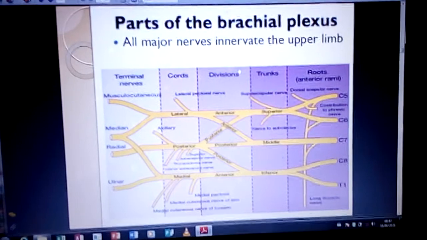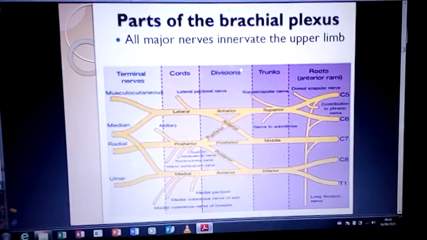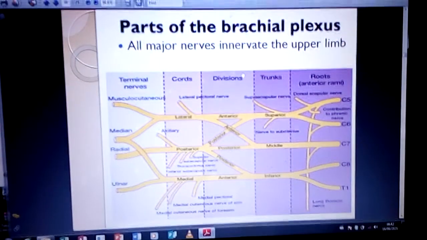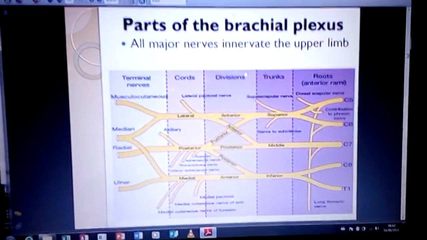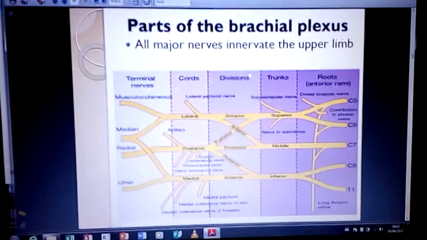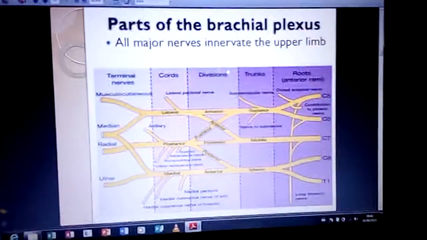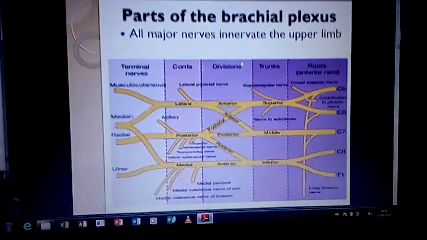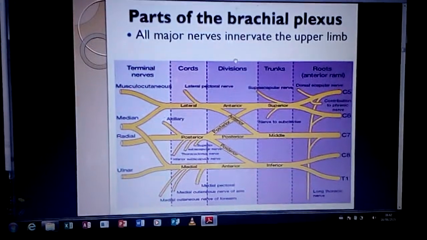The posterior ramus innervates the posterior aspect of the neck and the shoulder. But basically, let's forget about the posterior ramus and concentrate on the anterior ramus.